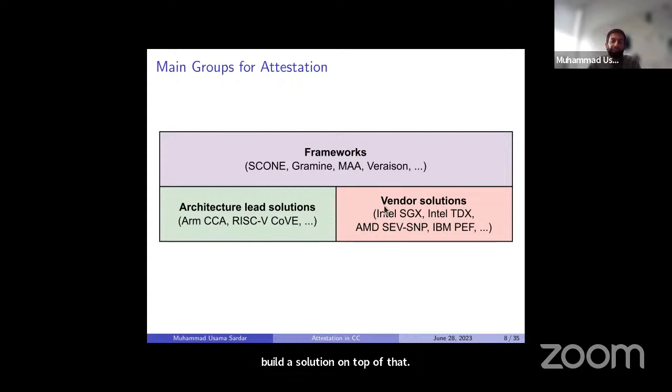On the right side, there are the vendor solutions, by which we mean the complete, usable products. So here we have Intel offerings: Intel SGX, which was the previous version. Now Intel has a newer version, which is the VM-based trusted execution environment called TDX. And AMD and IBM similarly have solutions.